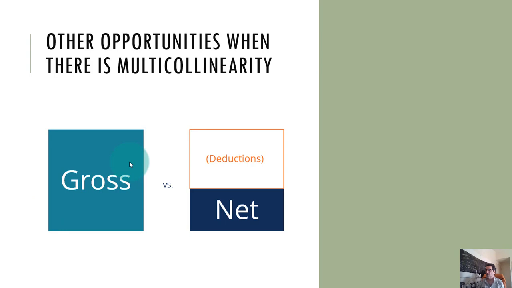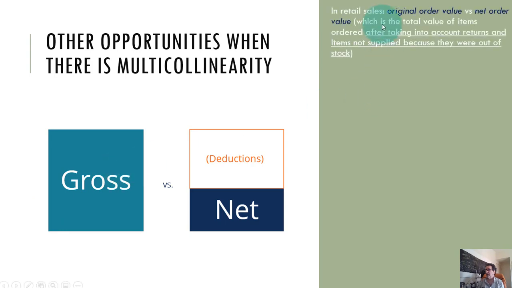Suppose we have two variables. So in retail sales, we can think about the original order value versus the net order value. The net order value is the total value of items ordered after taking into account returns and items not supplied because they were out of stock.